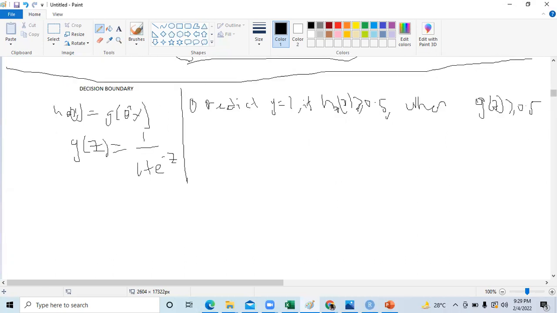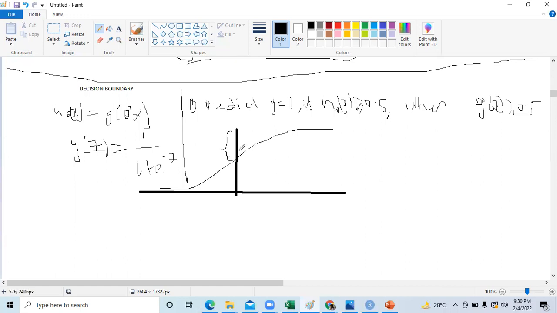Right, so let's see how that looks like. So we have this, and we have hypothesis representation looking like this, right? So this is just straightforward, it is in this bucket, right?